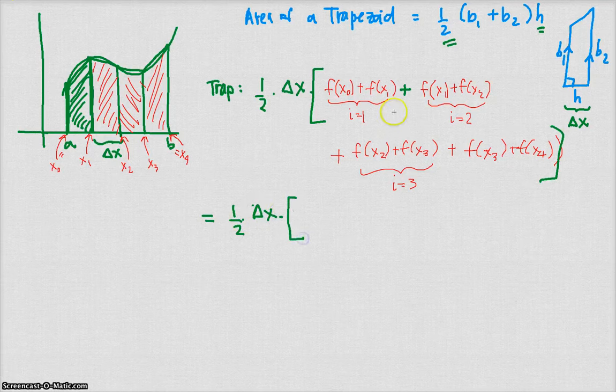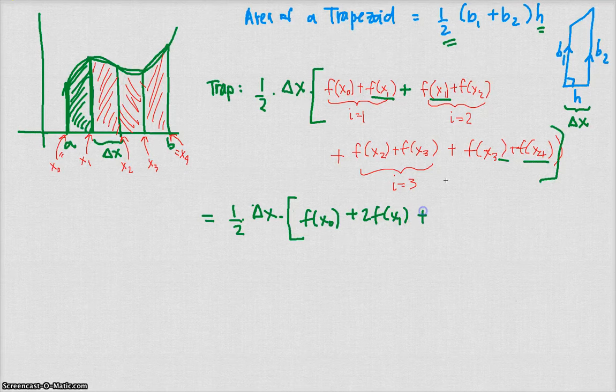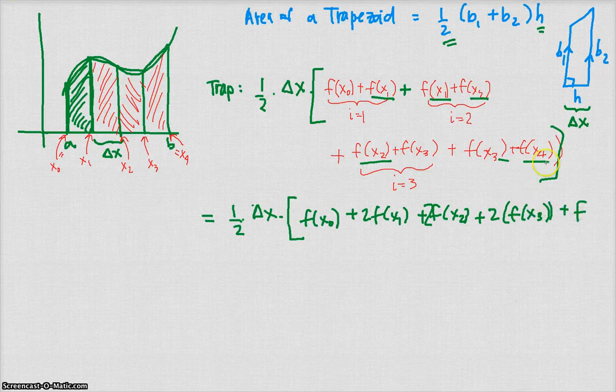And what you're going to be summing up, if you notice, f of x sub 0 does not double up, but the rest of them on the inside do, and then the last one here also does not double up. So you have f of x sub 0 plus 2 times f of x sub 1 plus 2 times f of x sub 2 plus 2 times f of x sub 3 plus, does not double up, the last one, f of x sub 4.